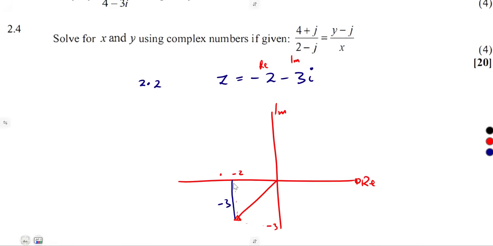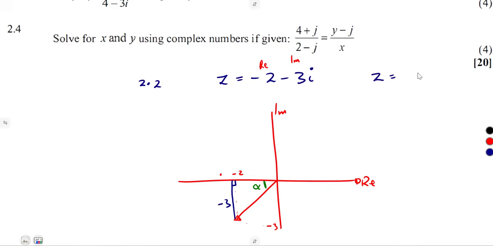So inside of this diagram, our triangle, there is an acute angle, which is the reference angle. The acute angle that you find here, let's just call it alpha. It represents the reference angle. Then there is the theta, which is the one that we need in polar form.